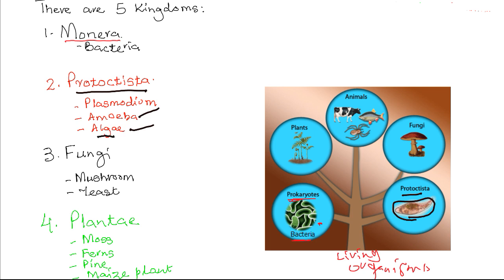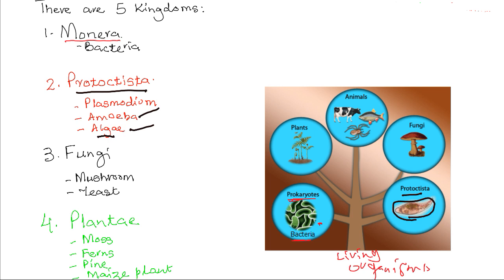Most algae are also unicellular, though there are a few that are multicellular, like the seaweed, and there are those whose bodies consist of filaments, like the Spirogyra. So the kingdom Protoctista consists of members that are either unicellular or multicellular.